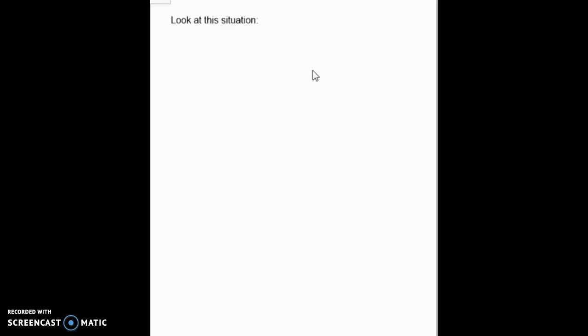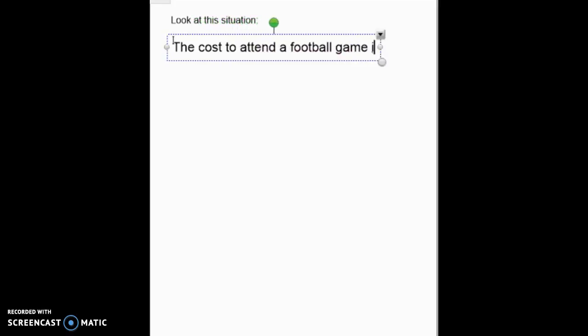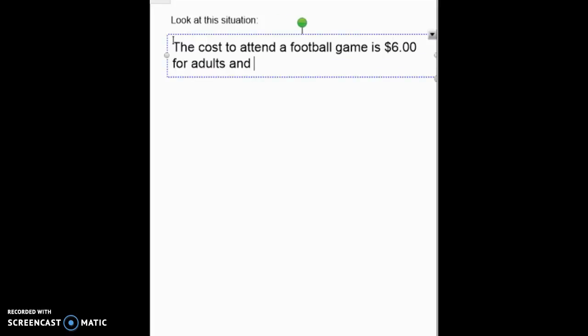We started solving equations by looking at a situation and deciding what we were comparing. For example, look at this situation. The cost to attend a football game is $6 for adults and $2 for children.